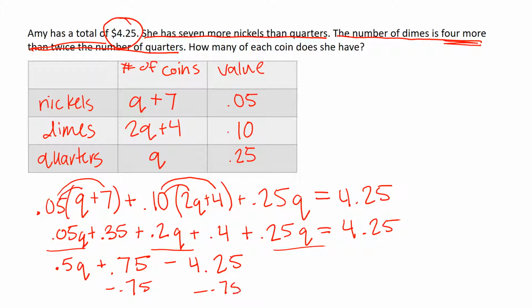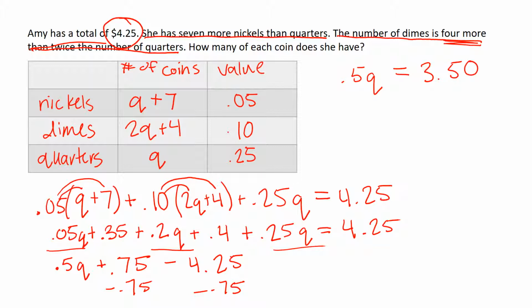And we're going to move up to the top corner here so that we have more space. So we'll keep that 0.5Q equals 4.25 minus 0.75. That's going to be 3.50.